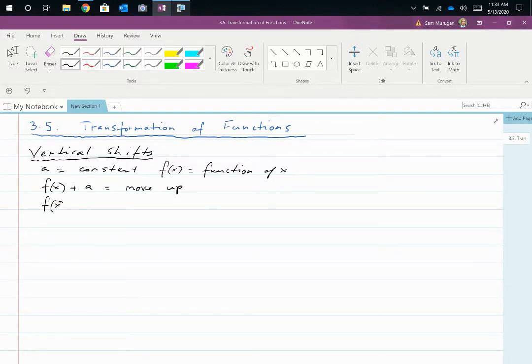And f of x minus A, if we subtract the constant from the function, we move down.